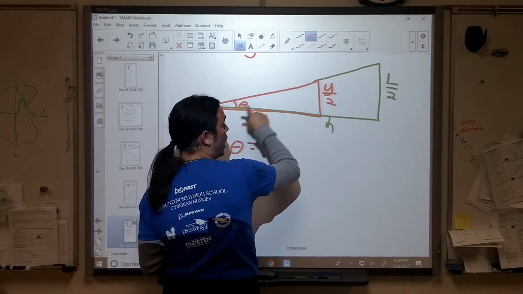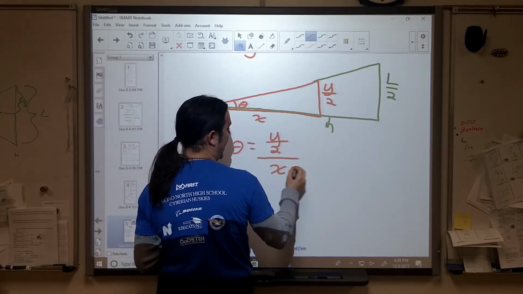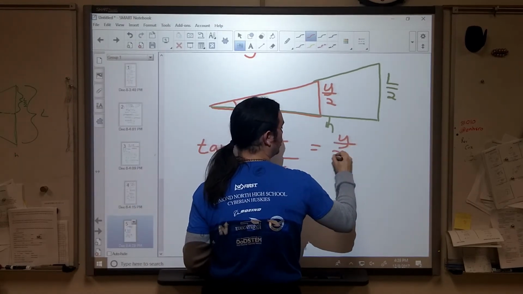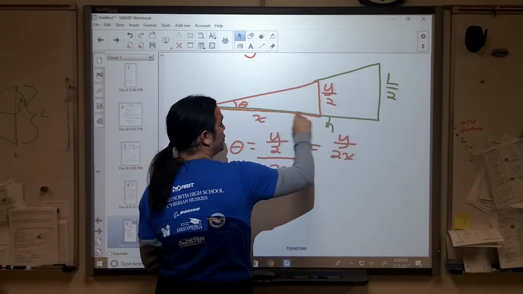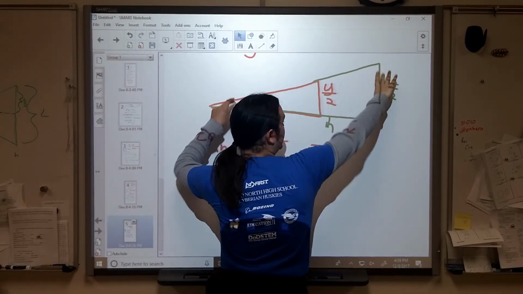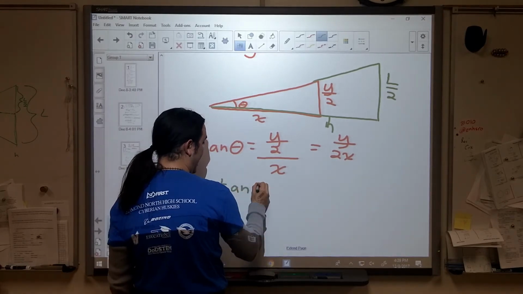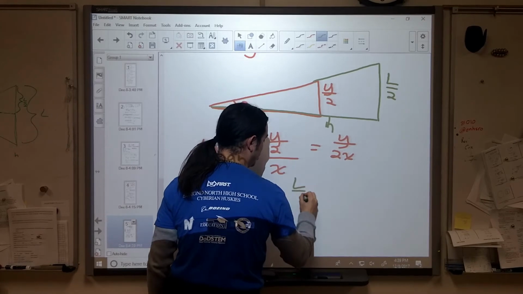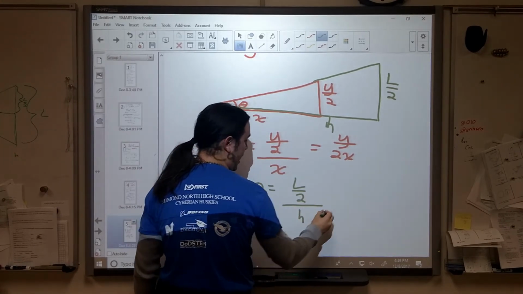Tangent is TOA, opposite over adjacent, so that gives me y over 2 divided by x, or I could also write this as y over 2x. But that's for the red triangle. We also see that theta is also in the green triangle, and tangent theta of that is going to be equal to the opposite, L over 2, divided by the adjacent, which is h.